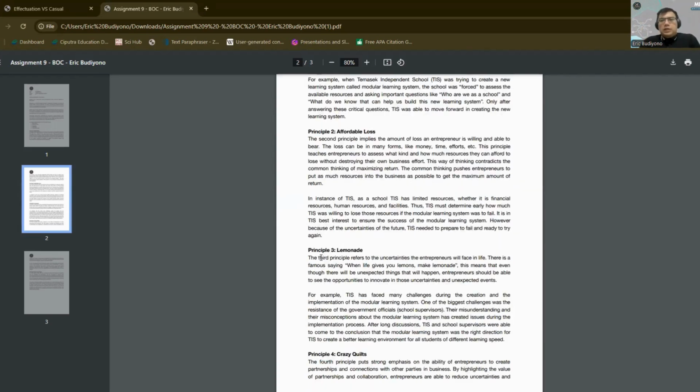Second principle is the affordable loss. Now, affordable loss implies the amount of loss that an entrepreneur is willing and able to bear. Obviously, when we're creating a new learning system, we understand it was a very risky action.